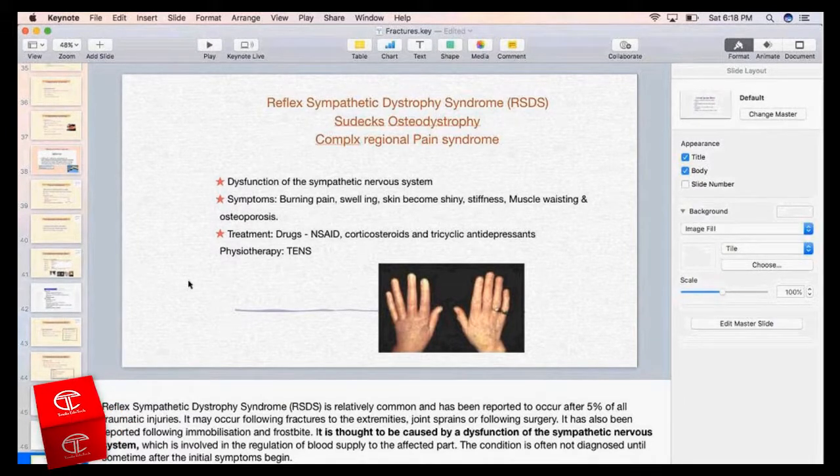And sometimes you may get a multiple choice question, and if you have the option of tricyclic antidepressant, it should be your first answer, like amitriptyline. And physiotherapy includes aggressive physiotherapy, and the most suitable one is TENS, or transcutaneous electrical nerve stimulation. That's the best method of physiotherapy to reduce the pain and to enhance the mobility of the involved part.